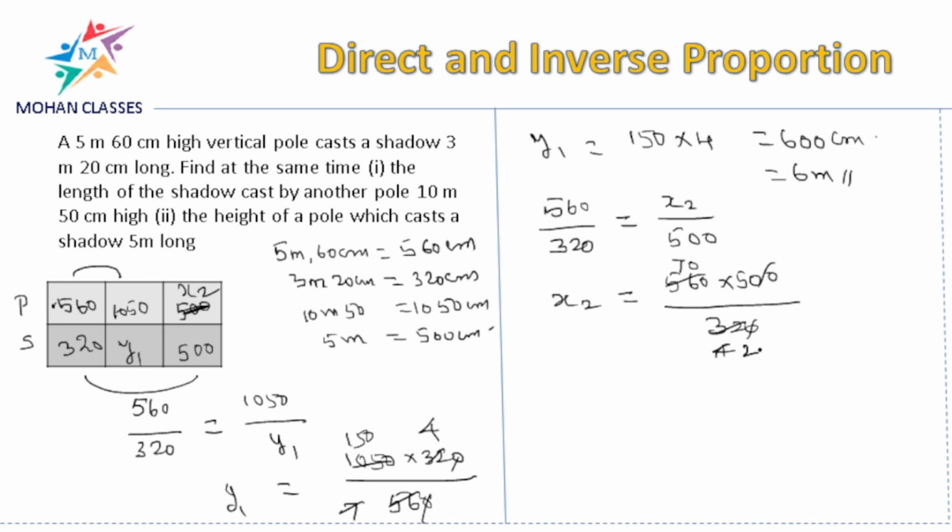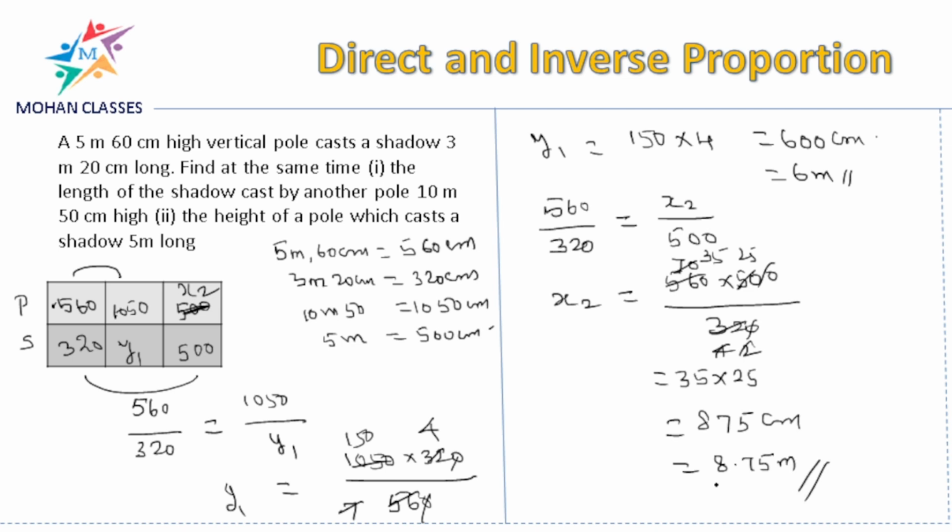Again it will go by 2, 25. Again here it will go by 2, 35. So that is equal to 35 into 25. So 35 into 25 means 5 25s are 125, 12, and then 3 25s are 75, 75 plus 12, 87 centimeter. So that is equal to 8.75 meter. Understand?